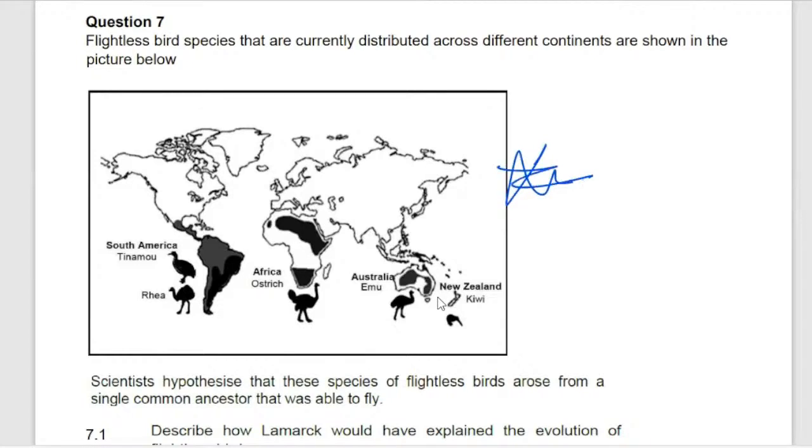Why should you use giraffes when they said flighted birds? Don't use giraffes. Make sure that you use what is given in the question. All right, let's start.